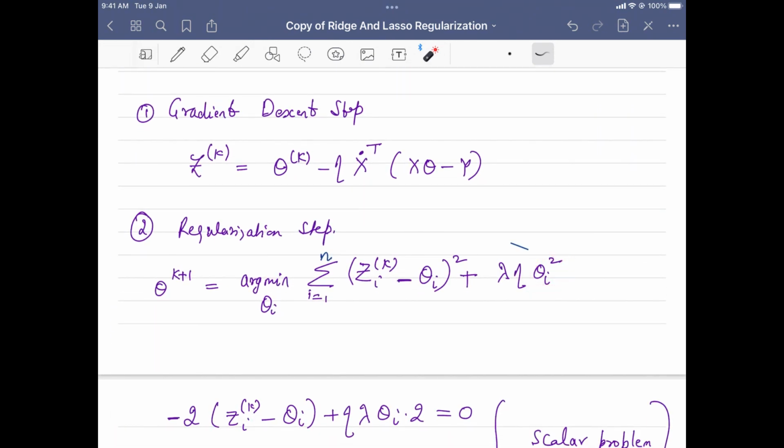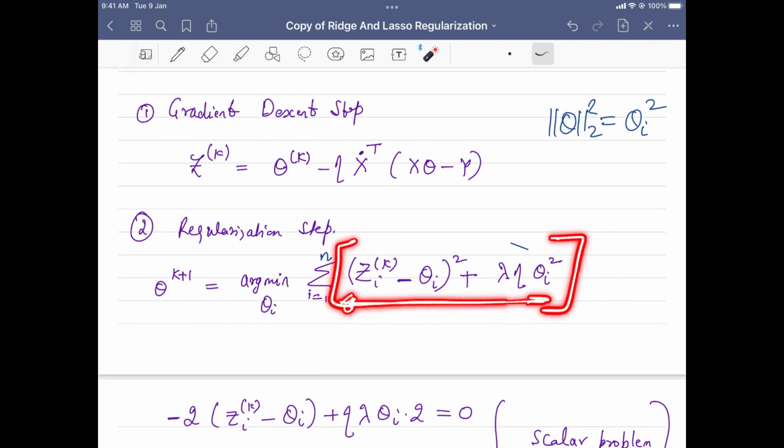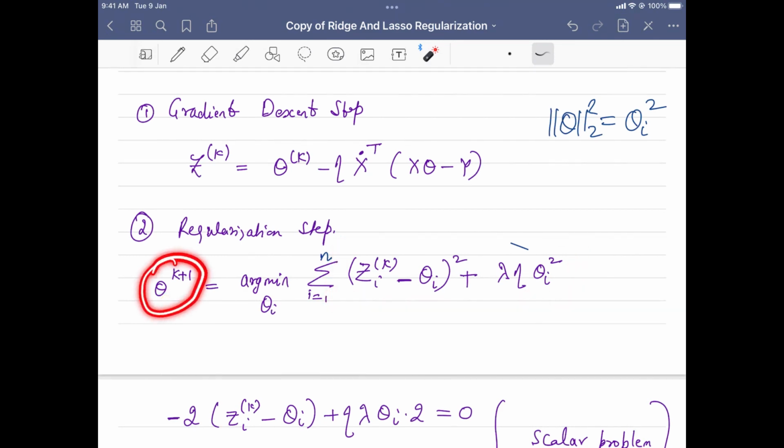If you remember, I already told you that if you want to write a specific component of the theta L2 norm in case of ridge regression, it is nothing but theta i squared. So this is basically the specific component, and your i is running from 1 to n. And whatever answer you get for minimization of this particular expression is nothing but theta k plus 1, the complete vector.